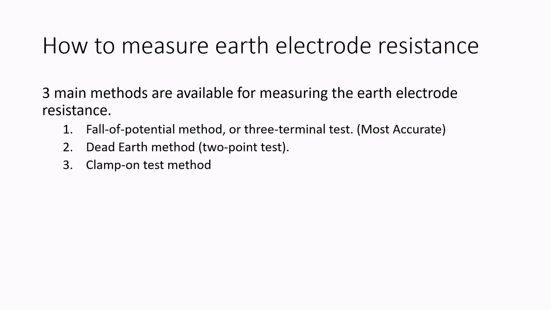The second one is dead earth method. This is not a very common method we use to measure the earth electrode resistance, and in this scope we are not going to talk about this dead earth method. You can do a self study on this method.